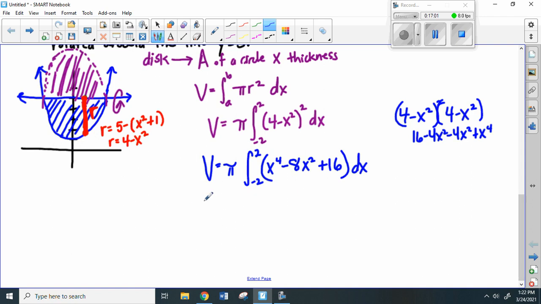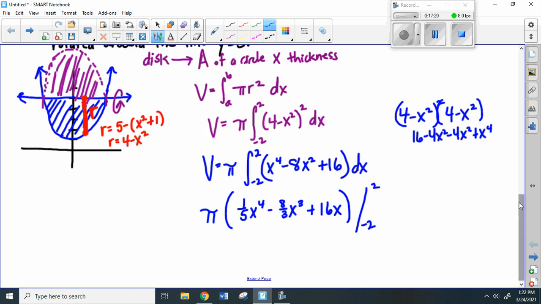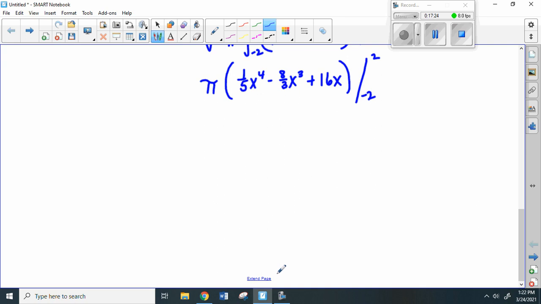All right, so just keep in mind that when you integrate, that pi is still on the outside. Power rule, constant rule, and then you're going to have to plug in your bounds. Okay, and unfortunately, you might have to do something like that by hand. Okay, it might happen. So let's see what we get.